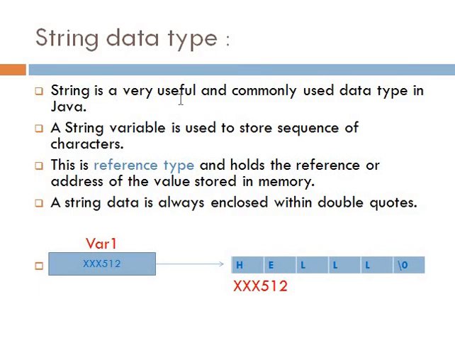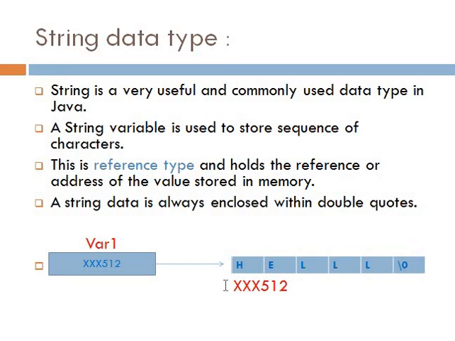So a string is a very useful and commonly used data type in Java. A string variable is used to store sequence of characters. Now if you look at this variable, identified by the name var1, it stores a sequence of characters. The characters are H, E, L, L, L. And at the end, there is a null character called /0.